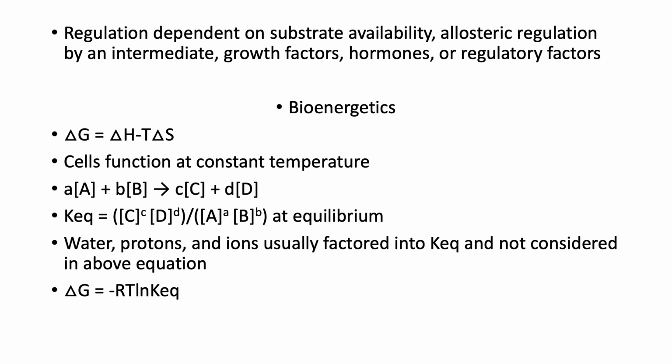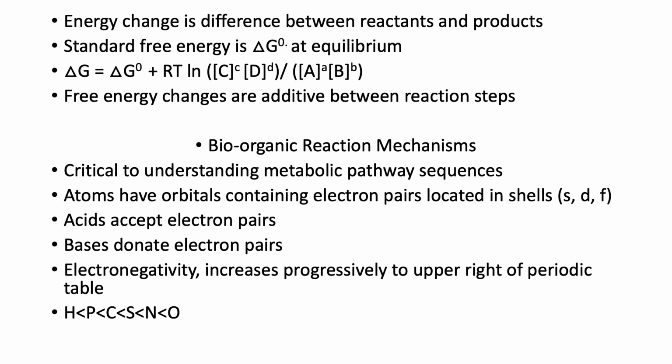So when you run the ratios, the delta G is equal to minus the gas constant R times the Kelvin temperature times the natural log of the equilibrium constant. The energy change is the difference between the reactants and products. Standard free energy is delta G naught at equilibrium.